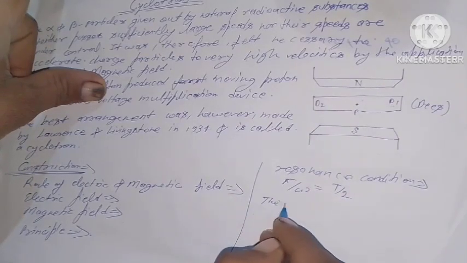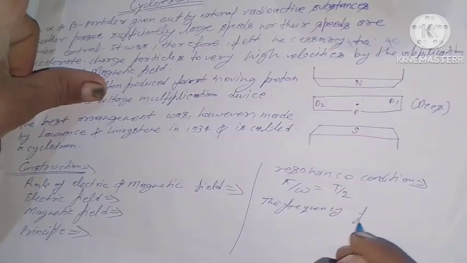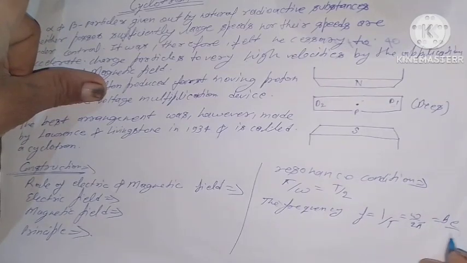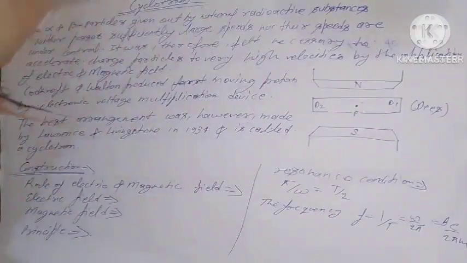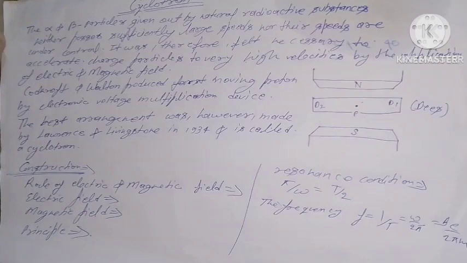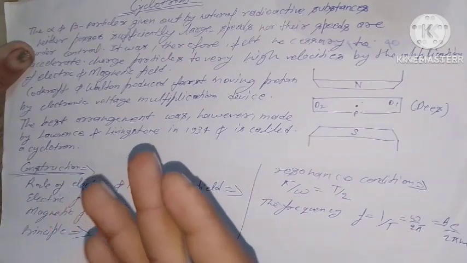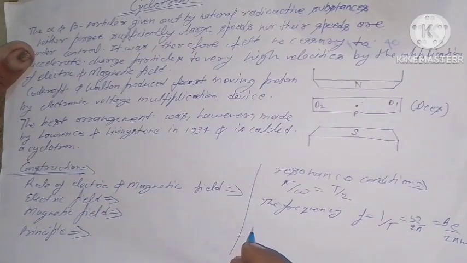The frequency f = 1/T = ω/2π = Be/2πm. And this gives the cyclotron resonance condition for charged particles of a given value of e/m.